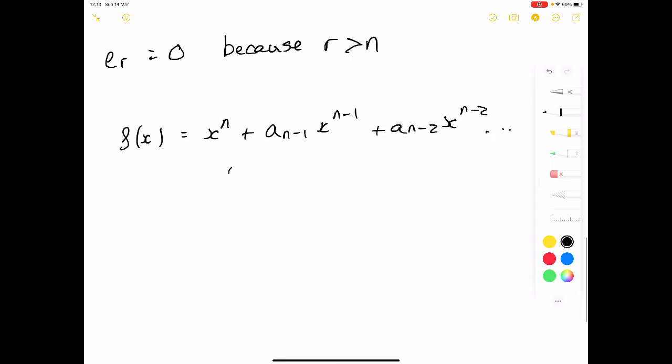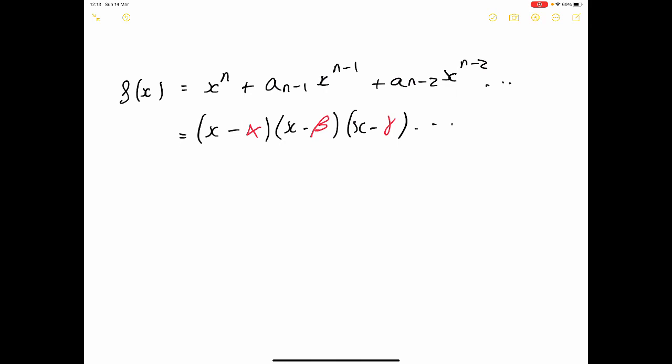And that can be factorised as x minus alpha, x minus beta, x minus gamma, and so on until we have the right number of terms.